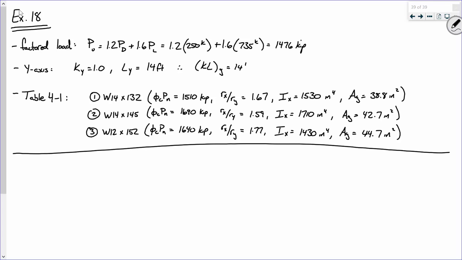All right, so does that make sense? Okay, so let's just sort of get into it. Now, how do we verify the strong axis capacity? We take KXLX and we divide it by RX over RY, right? What's KX? We don't know, right? So we have to go through and do some math. So let's do section 1, all right?